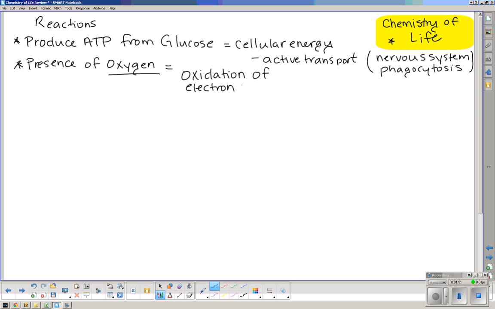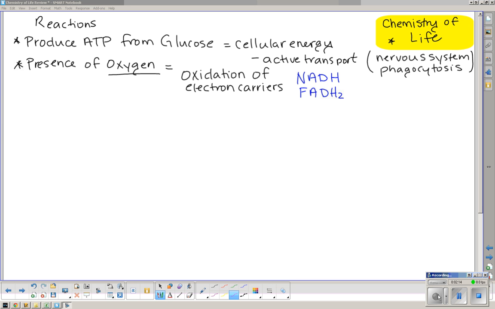These electron carriers are molecules that carry high energy electrons. They are NADH and FADH2. These are the molecules that are electron carriers.